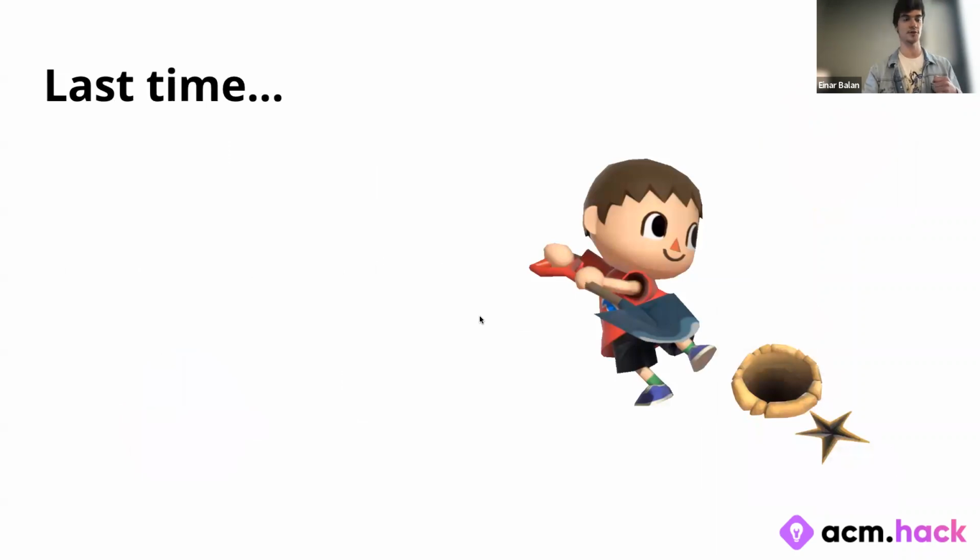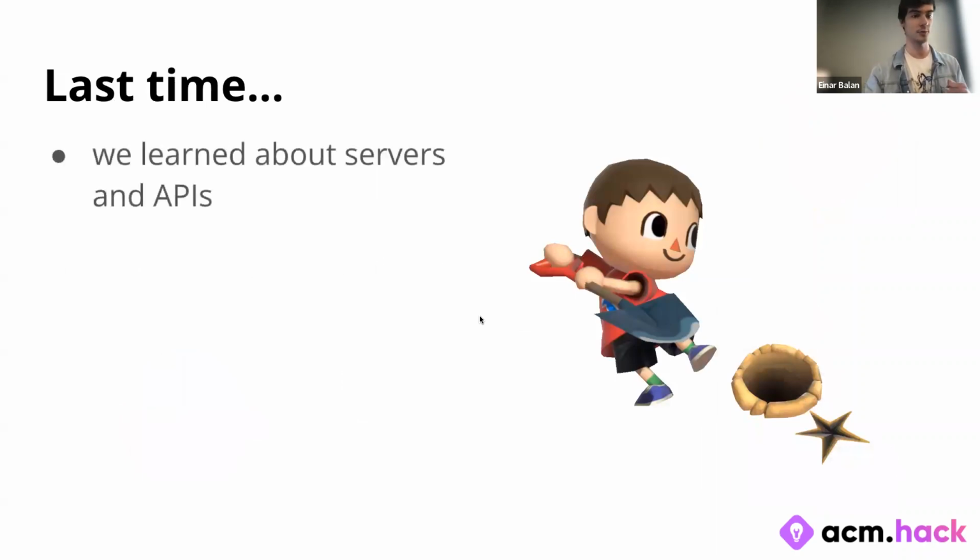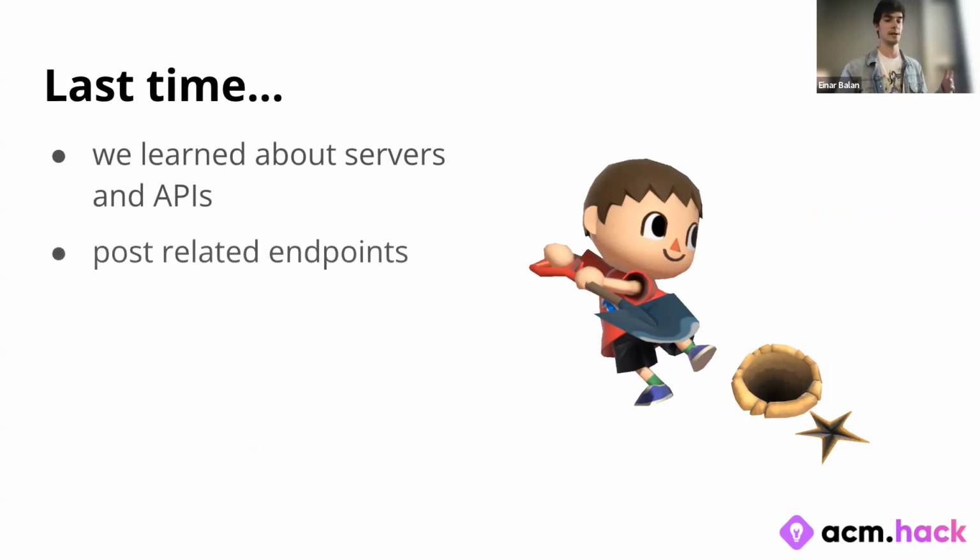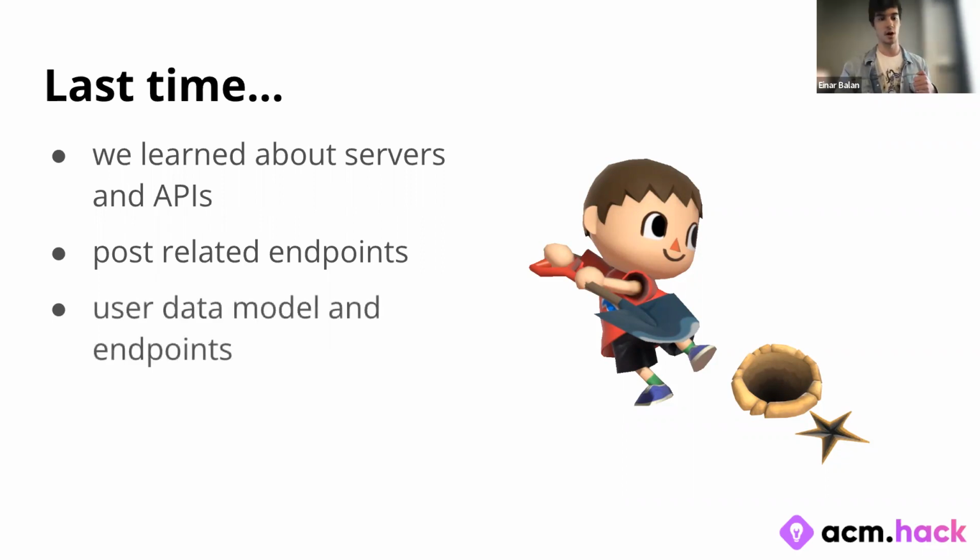And just to refresh your memory, last time we talked about servers and APIs. And in our demo, we added a bunch of post-related endpoints to our server. So that's stuff like get feed and liking a post. And we didn't get to this physically at the actual workshop because we had some technical issues with our laptop dying.